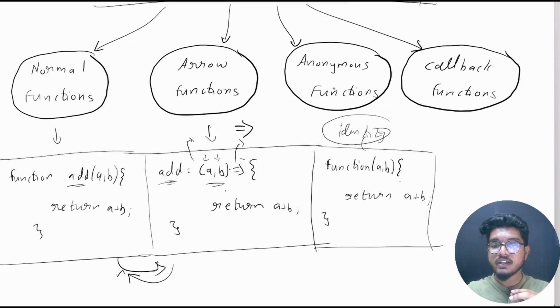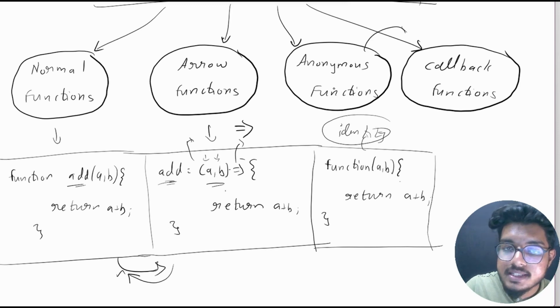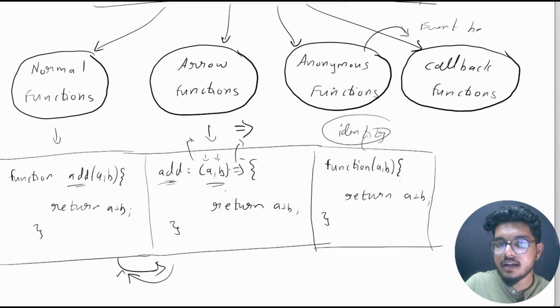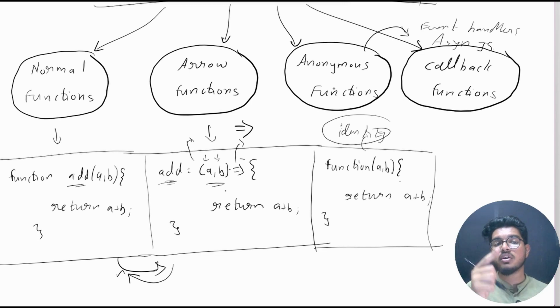These anonymous functions, the functions which do not have any name, are used inside event handlers, or in async.js, asynchronous JavaScript, the module 7 or 8 intermediate concept of JavaScript which we have discussed.